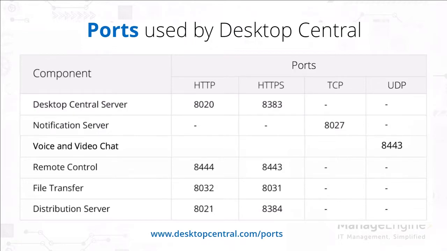The Desktop Central server runs on 8020, and we have a notification server, which is responsible for all your on-demand activities, which runs on TCP 8027, whereas for remote control, the gateway port will be 8443. To know more about the ports information, you can go to desktopcentral.com/ports.